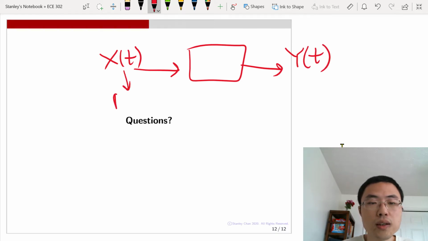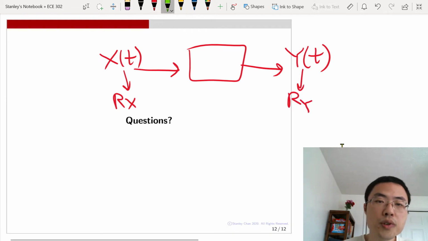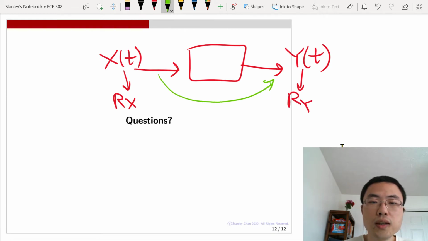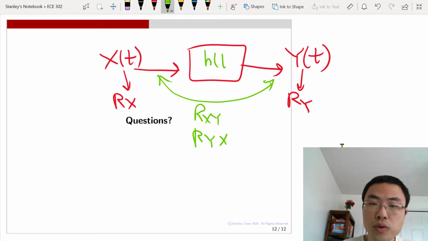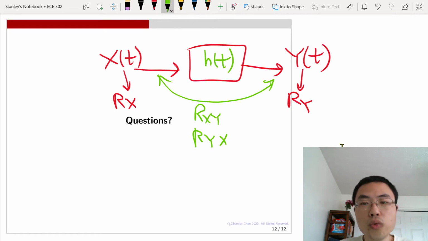Here you can get the Rx, and here you can get the Ry. But in some problems, we may want to find the cross relationship, which is Rxy and then Ryx. Both are pretty straightforward to determine if you know the Ry, Rx, and also here you need to know the h of t. Knowing all these will allow you to know the cross terms.